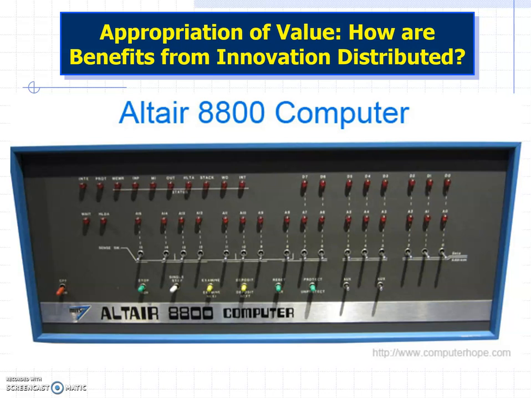And the innovator here was the Altair 8800 computer, which is widely recognized as the spark that ignited the microcomputer revolution. It was the first commercially successful personal computer. But if you look at it, obviously it's just a bunch of lights and switches, and very low power. But this was the innovator in the personal computer market.